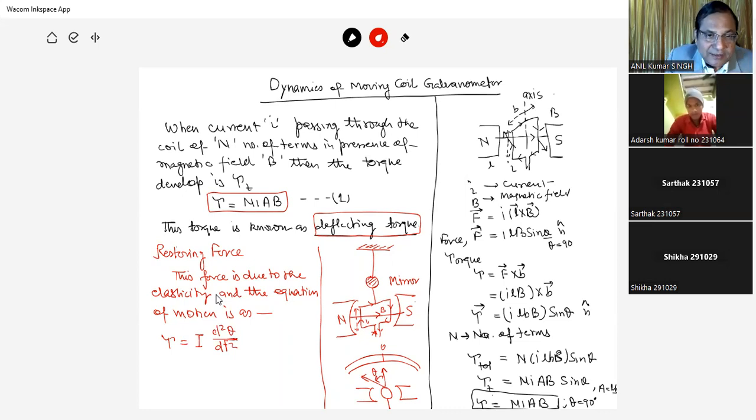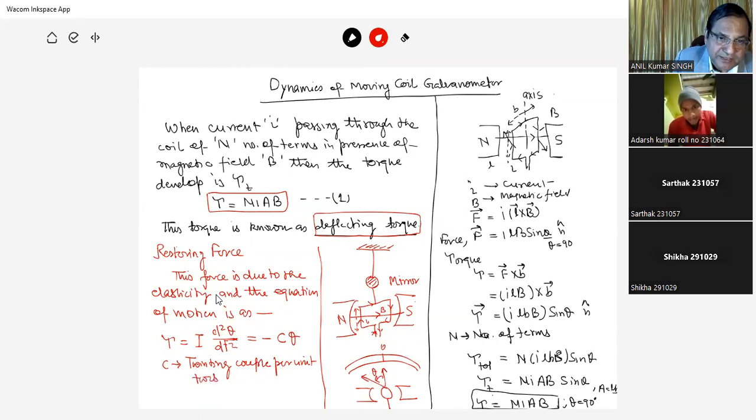This torque is equal to minus c theta, where c is known as twisting couple per unit twist.